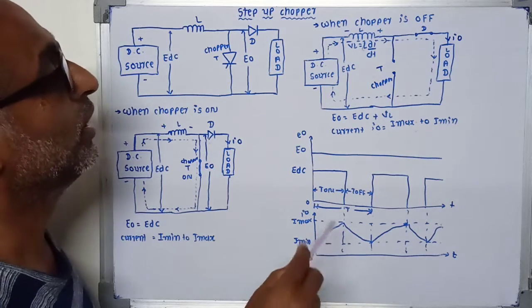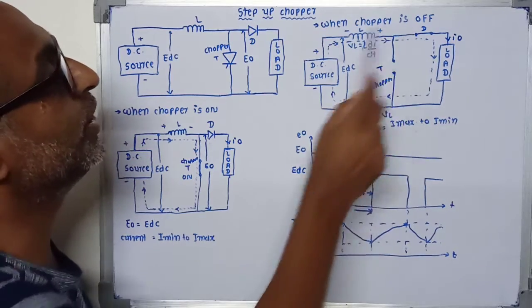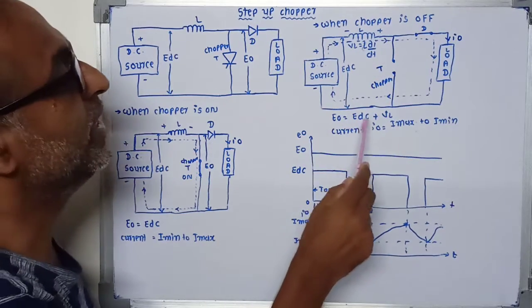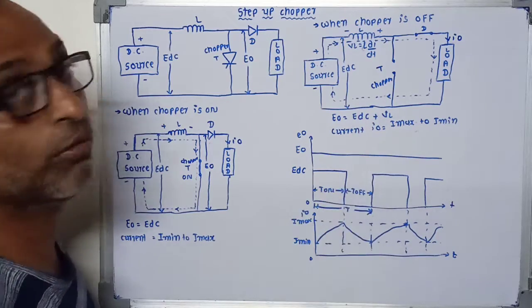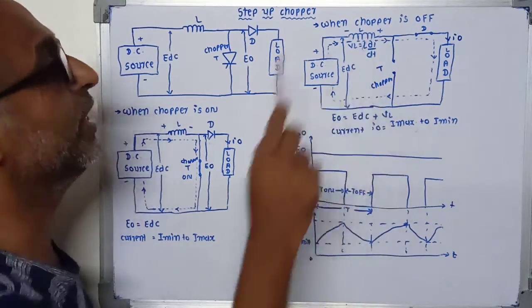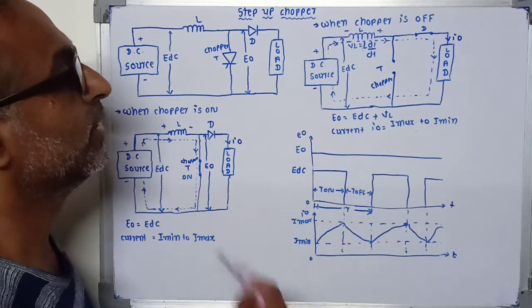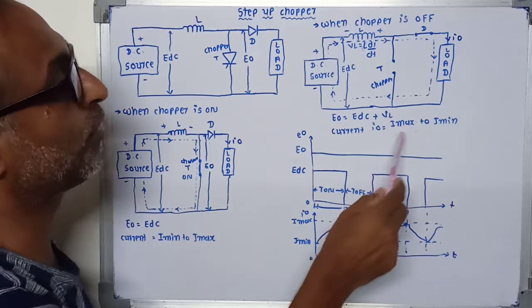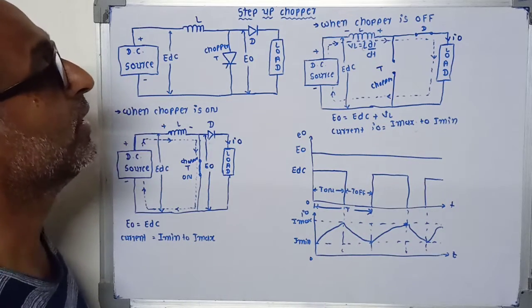Here we can see that our output voltage during the T off period is EDC plus VL. That means our input voltage plus whatever voltage is induced in the inductor. So the total output is greater than the input, and current flows from I maximum to I minimum during the T off period.